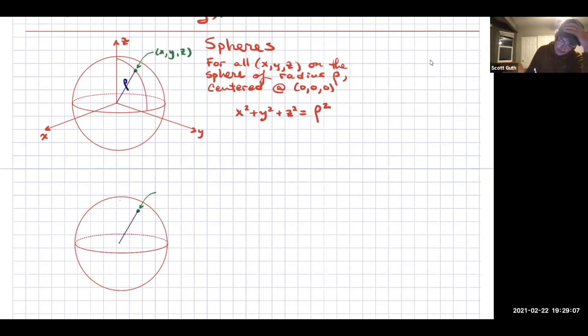Okay, so my center right here is, we're going to do H, I guess K, L, like that. And then the radius will still be rho.